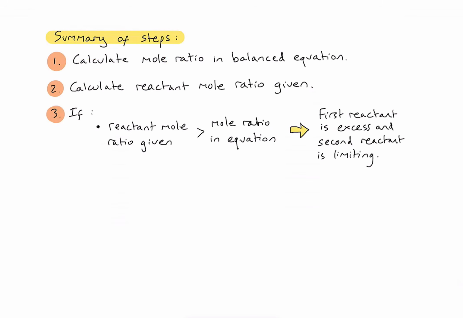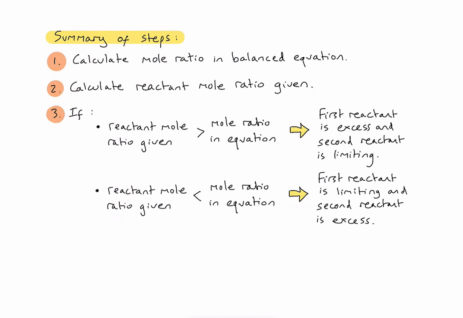And the other way round, if my reactant mole ratio given is smaller than the mole ratio in the equation, well, that must mean that the first reactant is limiting, there's not enough of it, so it's going to run out first, and the second reactant must therefore be in excess.